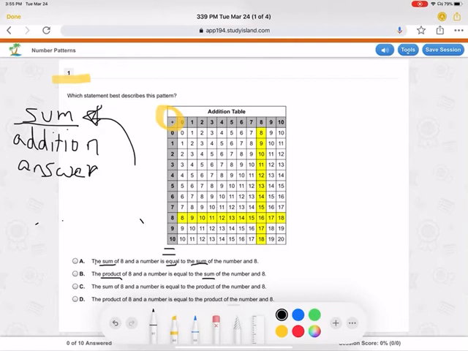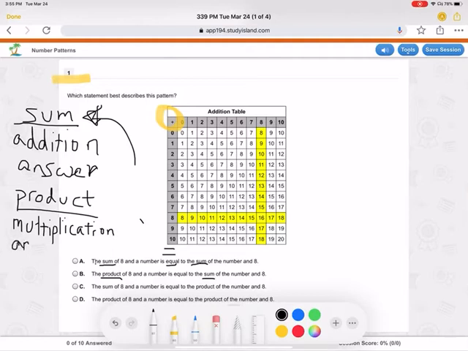Product, on the other hand, is different. Product, do you remember what type of math that one is? Well, it's still an answer, but it's an answer for multiplication. Okay? So, sum is an answer for addition. Product is an answer for multiplication.